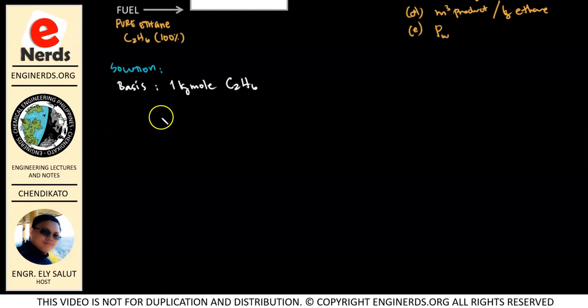We have C2H6 plus oxygen, and because this is a complete combustion, we have CO2 plus water. Let us first balance our chemical reaction. We have 2 carbon here, so we should have 2 carbons in our product.